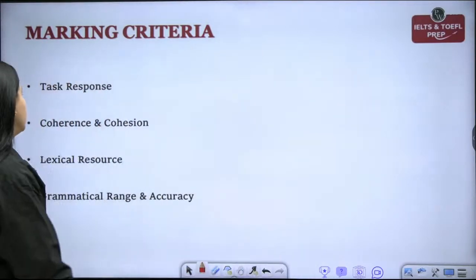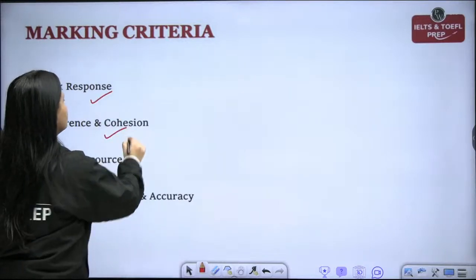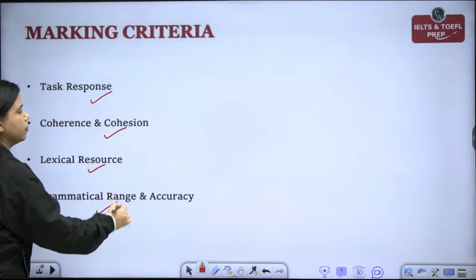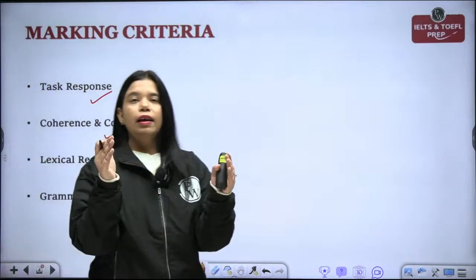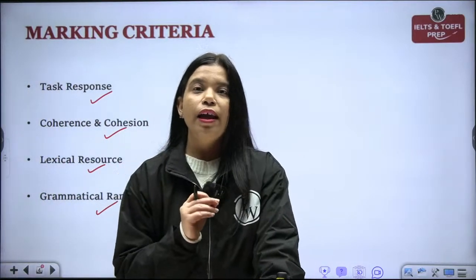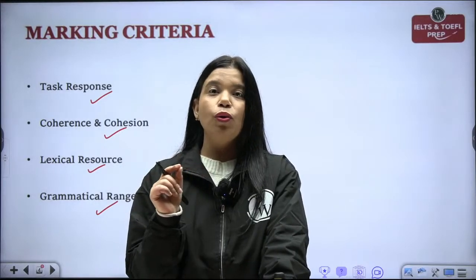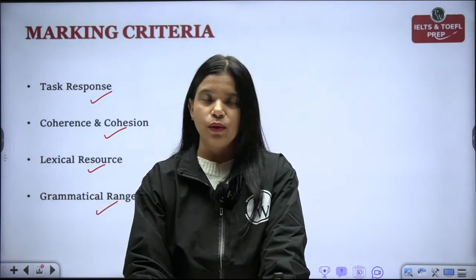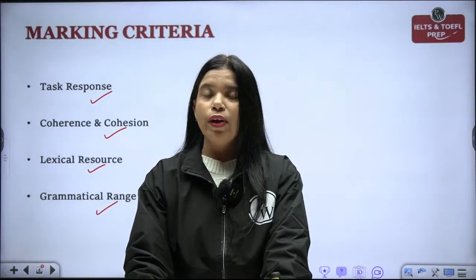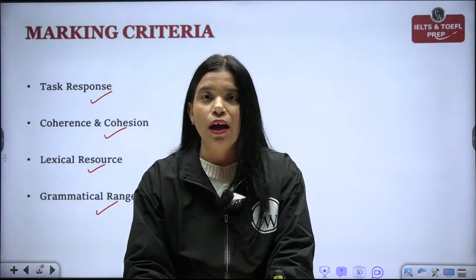Number 1, task response. आपको इस पे अलग स्कोर दिया जाएगा. आपको coherence and cohesion पे, lexical resource पे, grammatical range and accuracy पे, इन चारों criteria पे you will be given 4 different band scores and then their average will be calculated and that average will be your overall writing task 2 band score. So how to do well on these 4 criteria? What exactly examiners' expectations are from you?